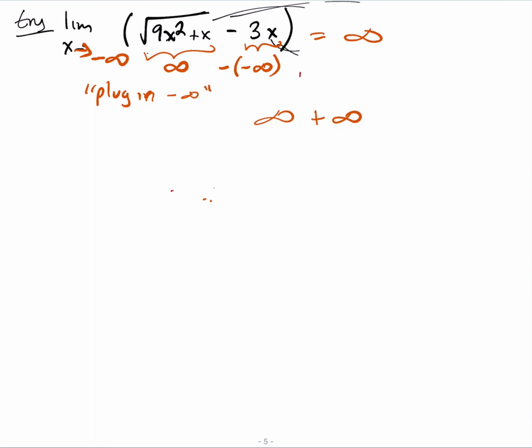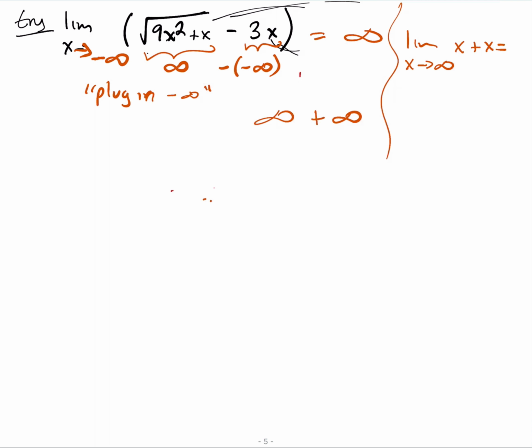You don't even have to do any work whatsoever because it's not indeterminate. It's infinity plus more infinity. That's like supercharged infinity, getting big even faster. So you would never question this, right?